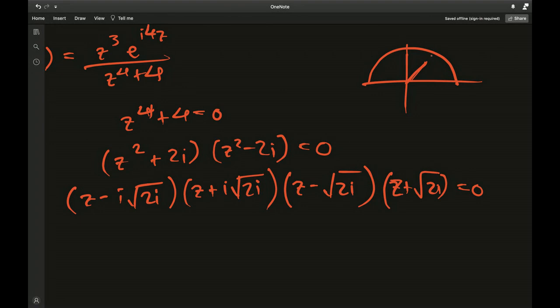Actually 45 degrees, but having a lesser magnitude. So this is square root of 2i, and i times square root of 2i.